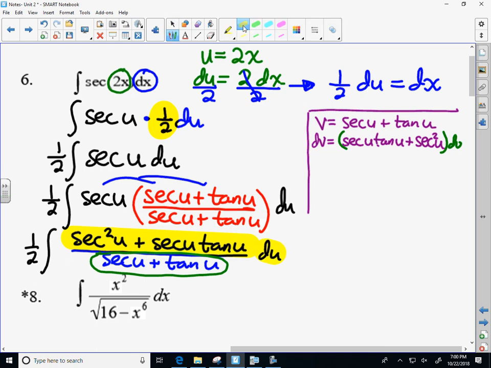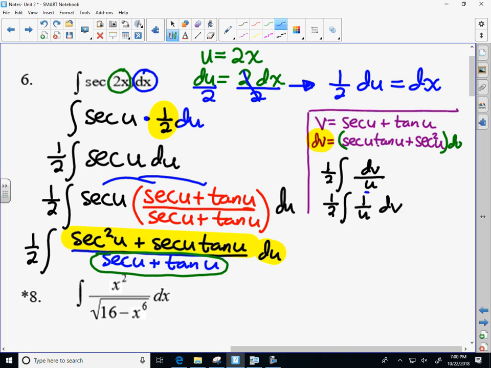And the bottom is just a v. So we're looking at 1/2. We would have dv replacing the top, a v on the bottom. So also I could look at that as 1/v dv.